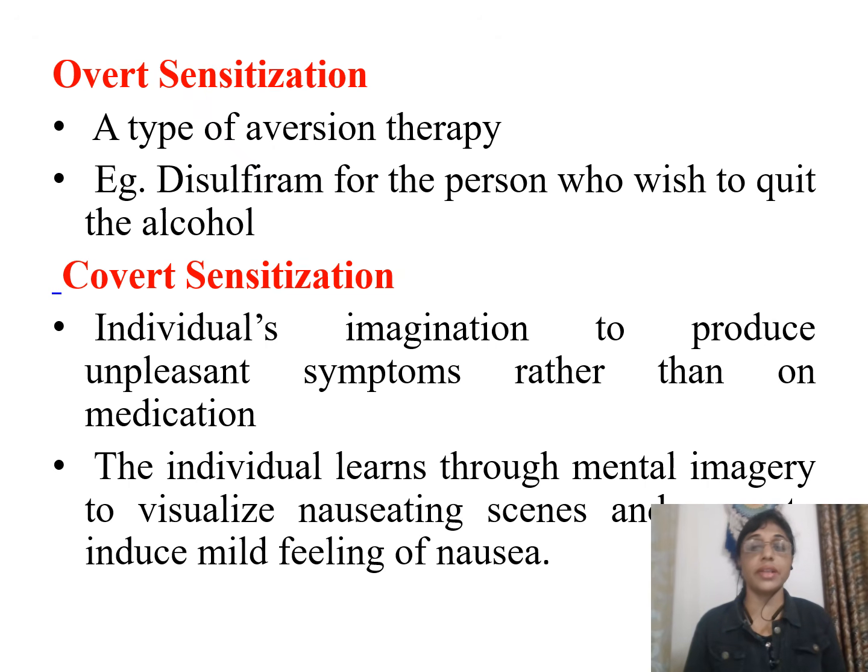For example, disulfiram is given for a patient with alcohol dependence. Covert sensitization: the individual's imagination is used to produce unpleasant symptoms with the maladaptive behavior. For example, the individual learns mental imagery to visualize a nauseating scene or induce a mild feeling of nausea when he wants to drink alcohol.